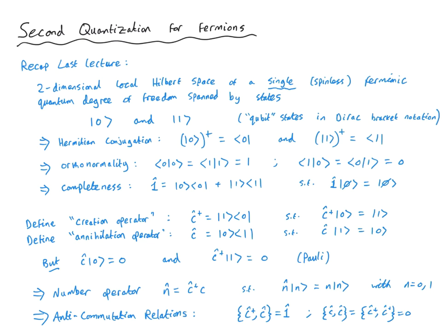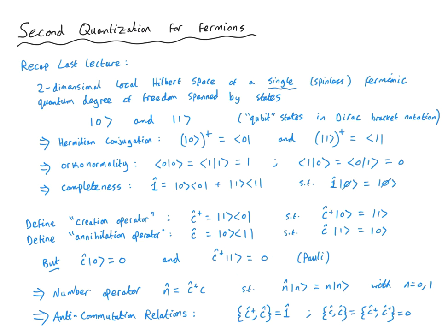However, notice that if I act on the 0 state with the C operator, I get 0. This is encapsulating the notion that I can't empty further an already empty state. If there are 0 particles in the state and I try to annihilate that state, there's nothing there to annihilate. What about this second equation?